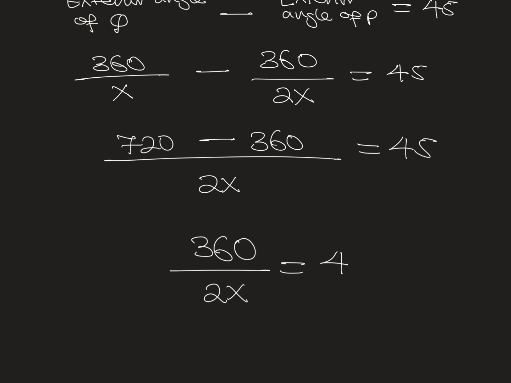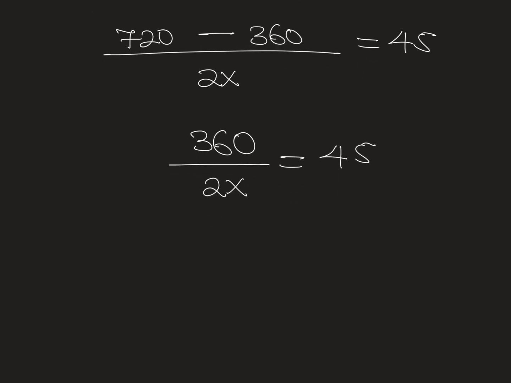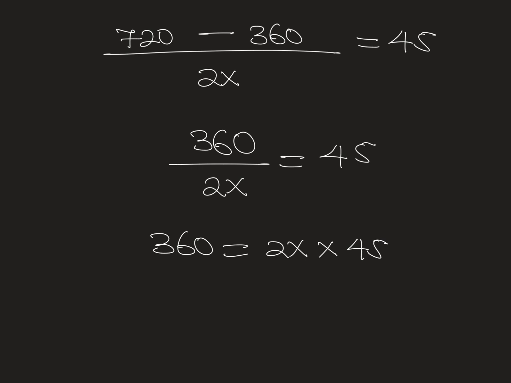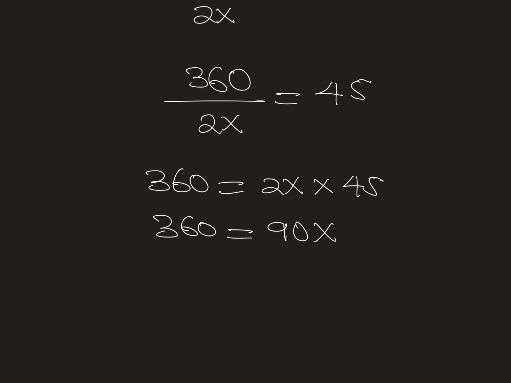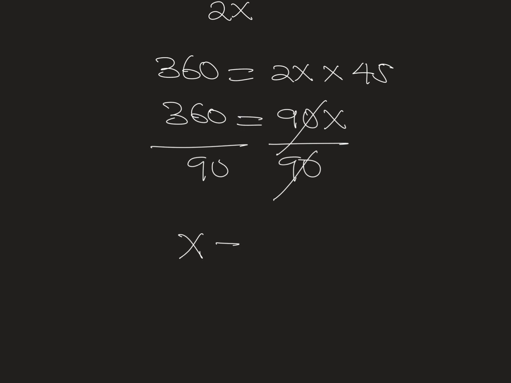This is equal to 45. So if I cross multiply, that will be 360 is equal to 2x multiplied by 45. So that is 360 is equal to 90x. To find x, you divide both sides by 90. So x is equal to 360 divided by 90. So x equals 4 sides.